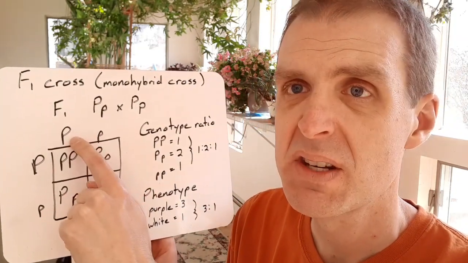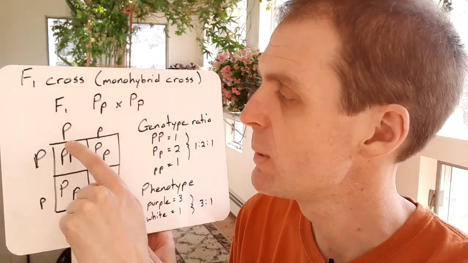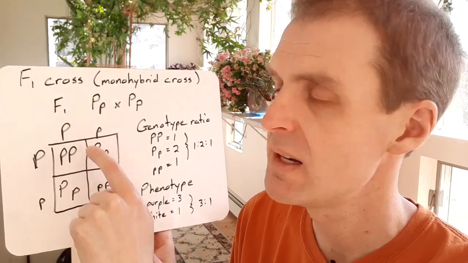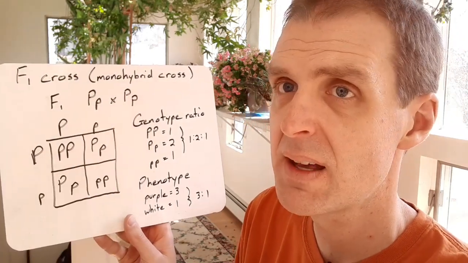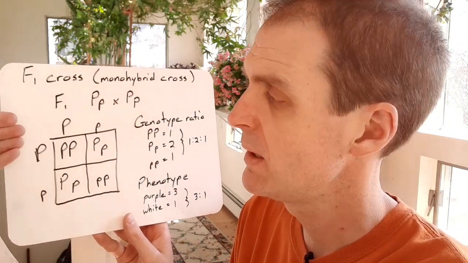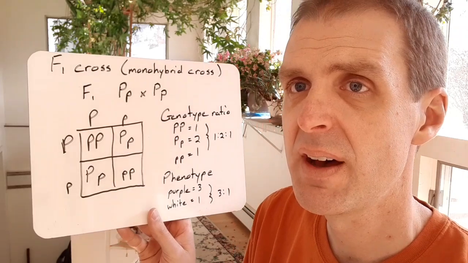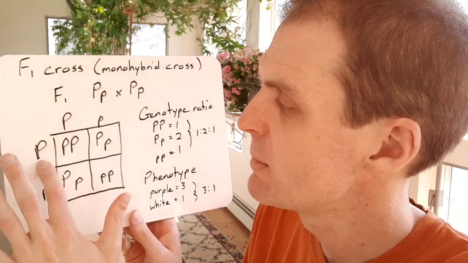So there's a 50% chance it'll be a capital P and a 50% chance it'll be a lowercase p. So we put that on the axis. This line is supposed to be right down the middle, so it's a 50% chance of being on that side of the line or this side of the line. We have a capital P here and lowercase p here for the other gamete possibilities.